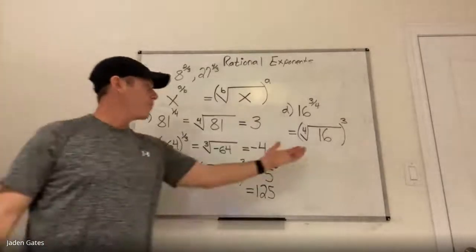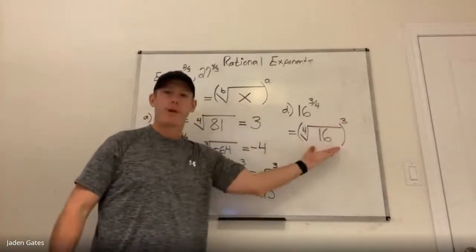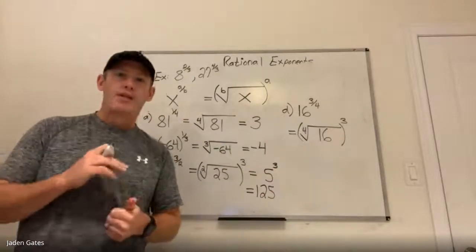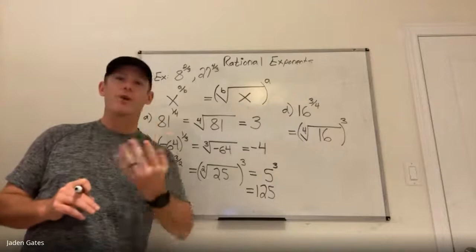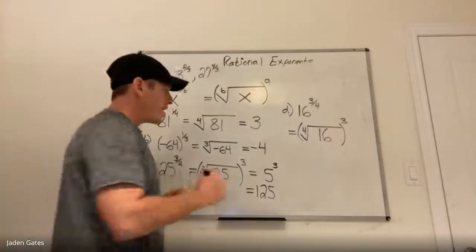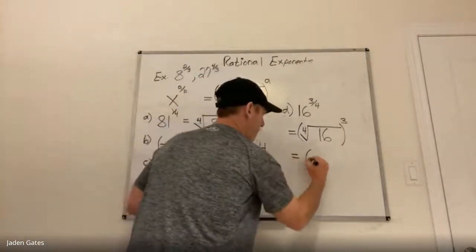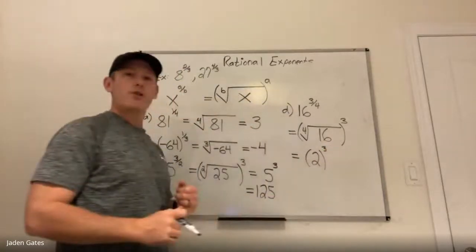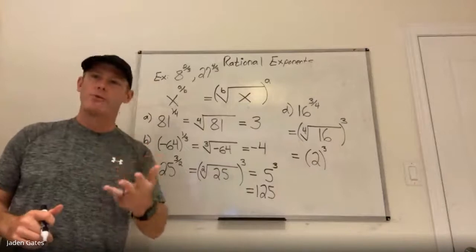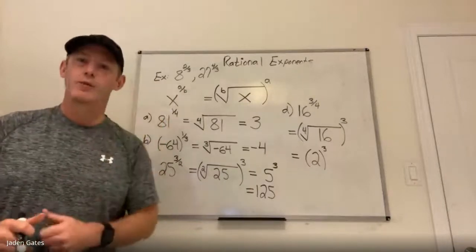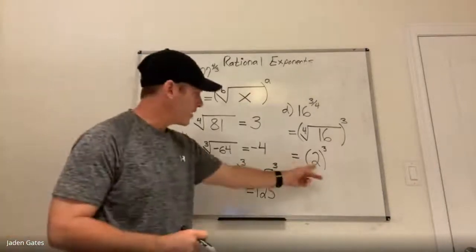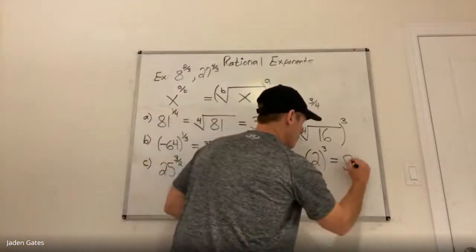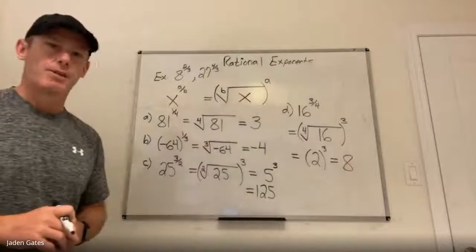All right, so now before I take it to the power of 3, I have to find the 4th root of 16. So some number times itself 4 times will give me 16. That number is a 2. Because 2 times 2 times 2 times 2, 4 times, will give you 16. But then I have to take 2 to the power of 3. 2 times 2 times 2 will give me an 8.